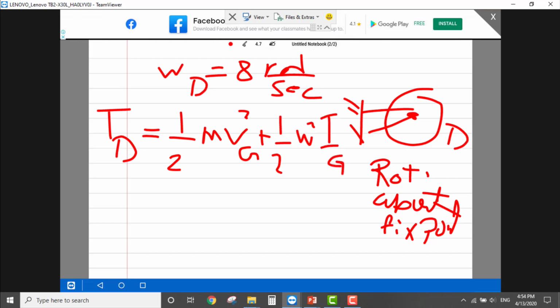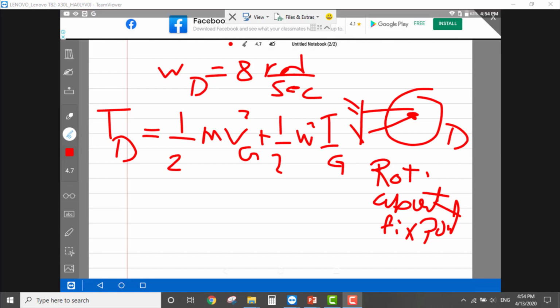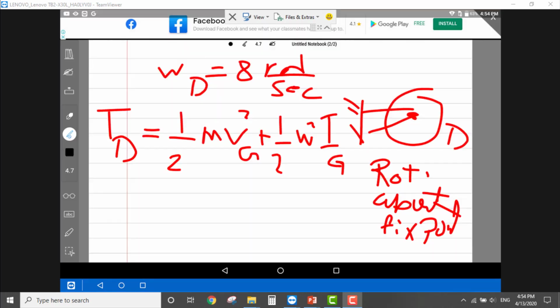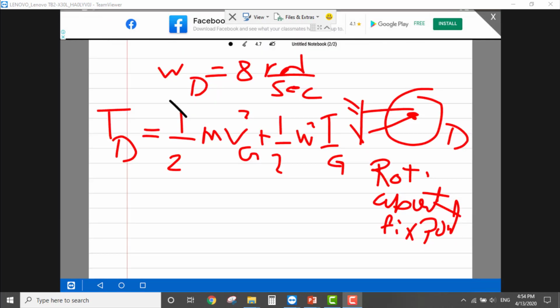But if we want to apply it for this disk, what can you tell? You can tell easily that this term goes to 0. Why? Because the centroid G is fixed. It does not move, so this term goes to 0.